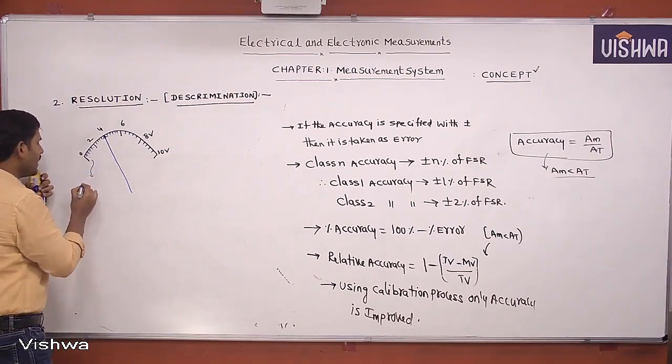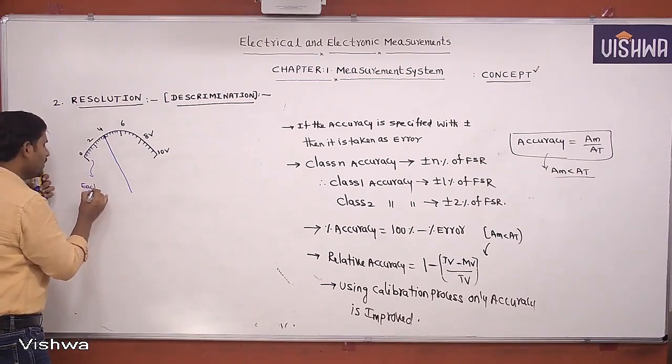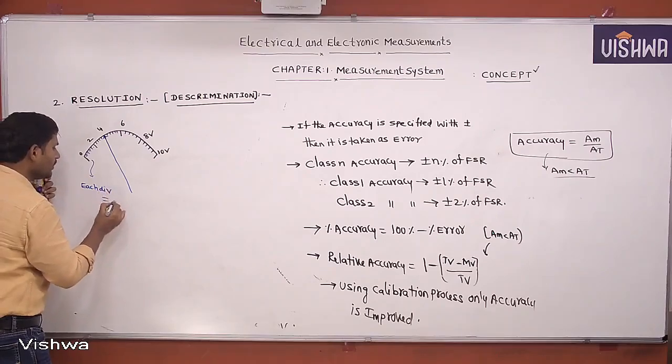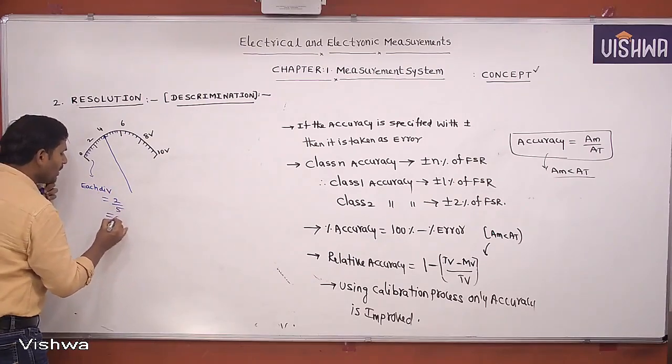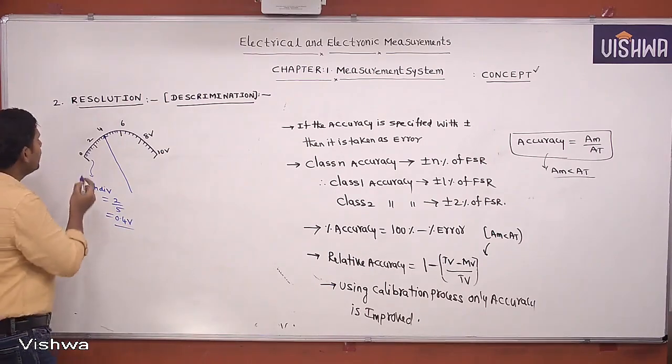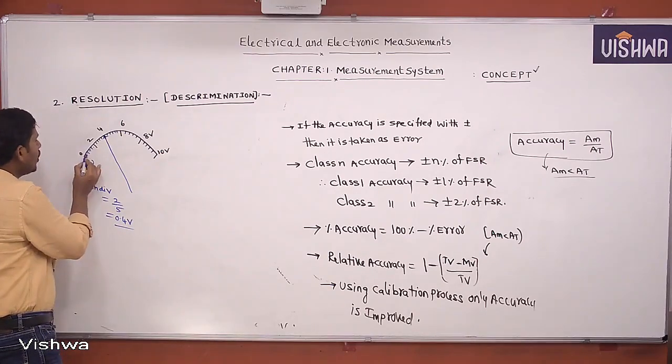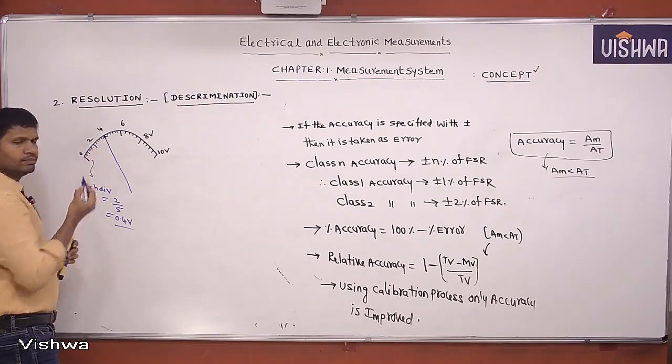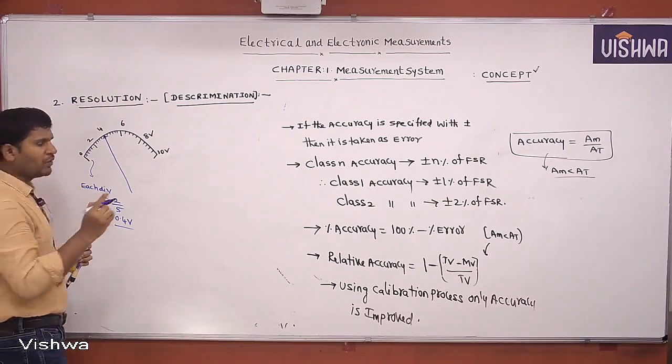Each division indicates 2 by 5, which is 0.4 volts. Because this is 0, 0.4, 0.8, 1.2, 1.6, 2.